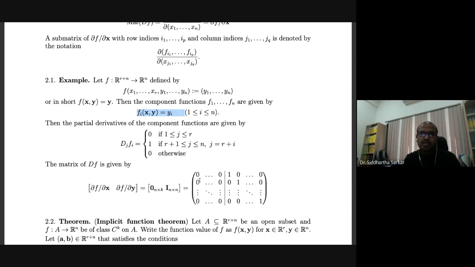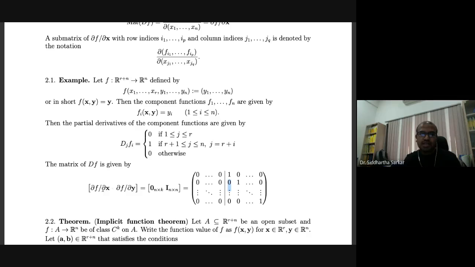Therefore the first r columns of this matrix would vanish. Beyond that point, only if there is a match of j looking like r plus i, I'll be able to get 1. Other than that, I again end up getting 0 over here. So this del f del y I'll be denoting.